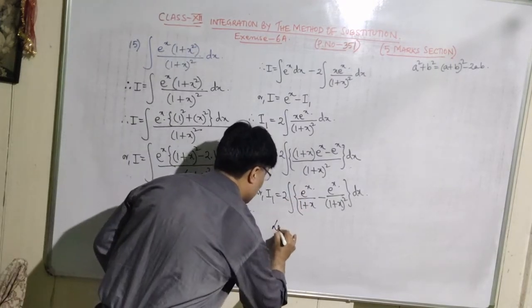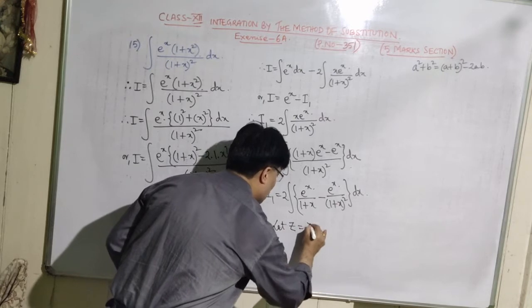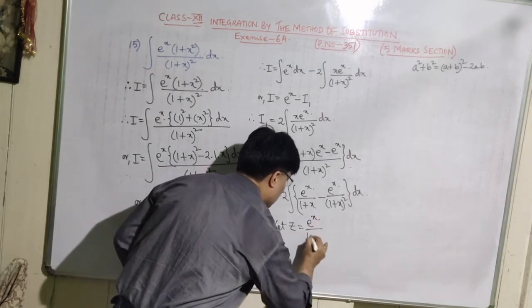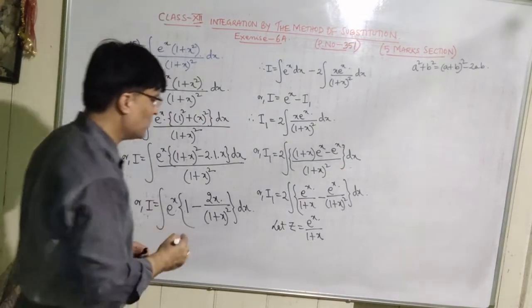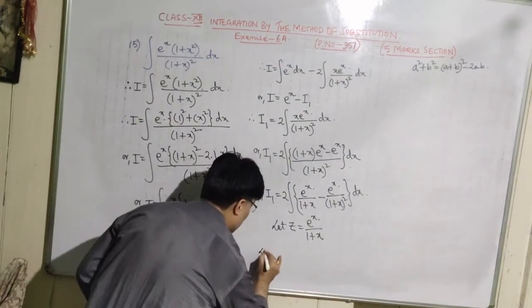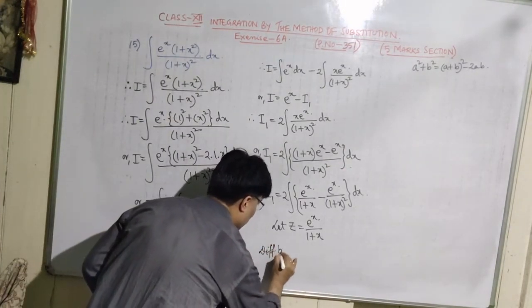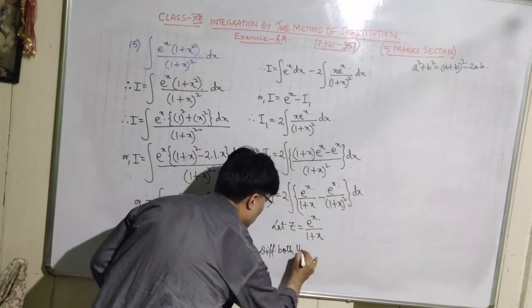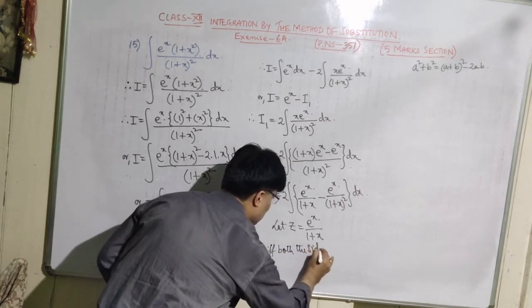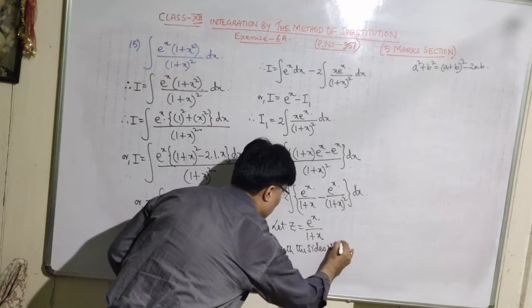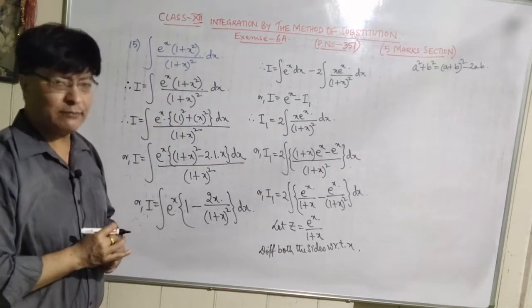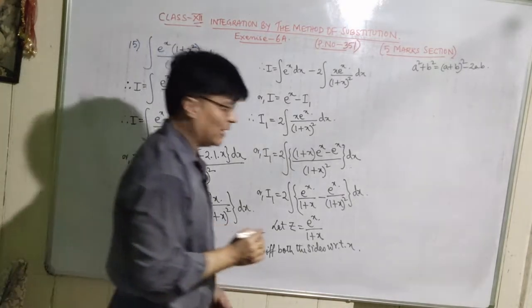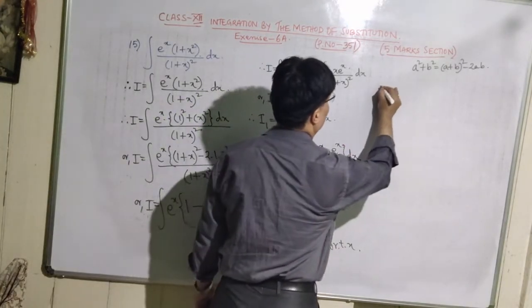So let z is equal to e to the power x upon 1 plus x. Now let us differentiate both the sides with respect to x. So what do we get now?